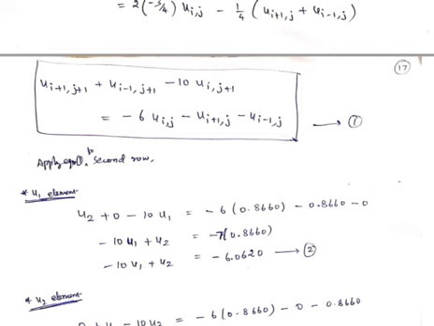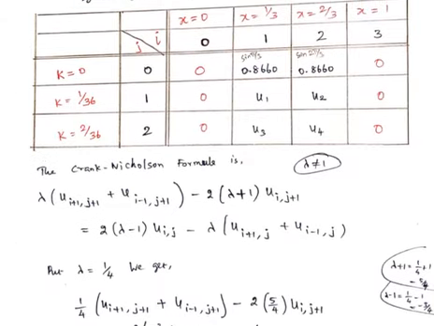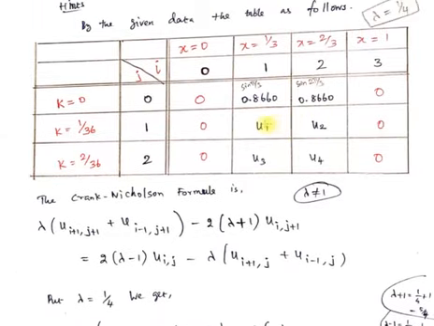For the u1 element, put i equal to 1 and j equal to 1.